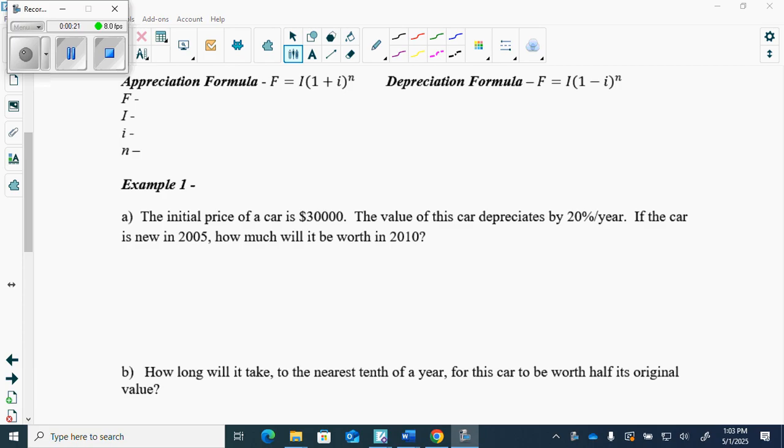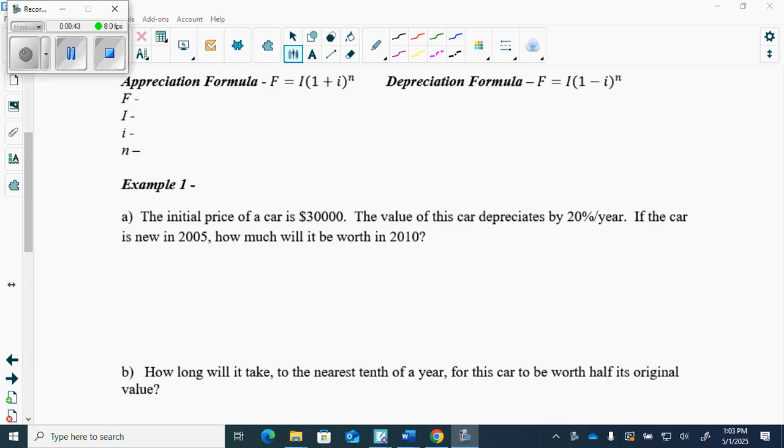So let's talk about something else for a second. What is 84% as a decimal? 0.84. Yes, 84% as a decimal is 0.84.